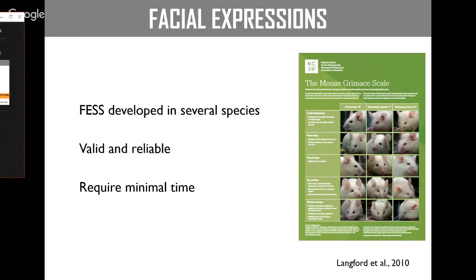And the second problem is that many times you need trained observers to identify the changes you want to see to assess pain. And with facial expressions, the time required may be less, and apparently the required training might be minimal as well. Now, the question then, obviously, is whether this can be applied to sheep.